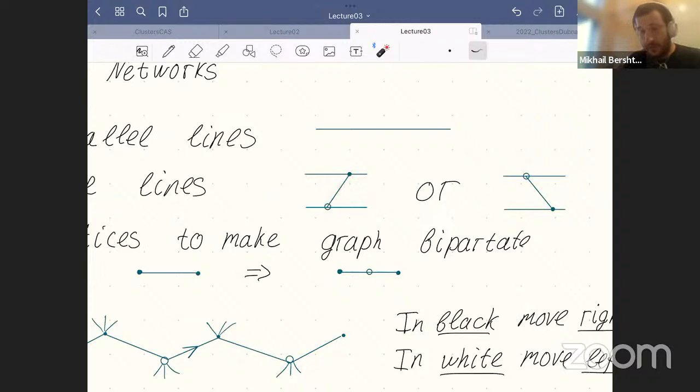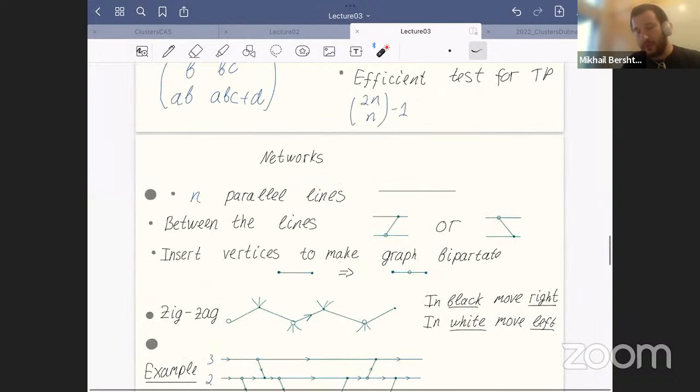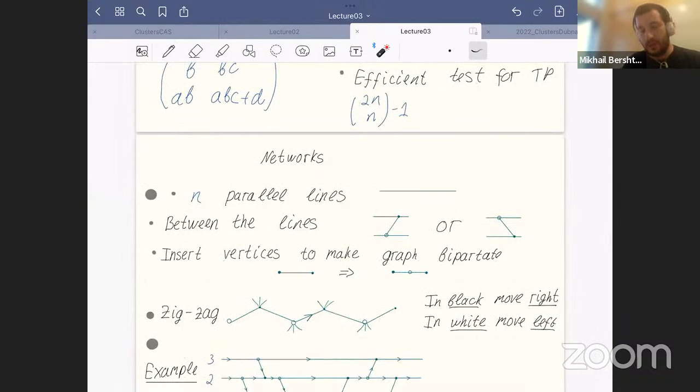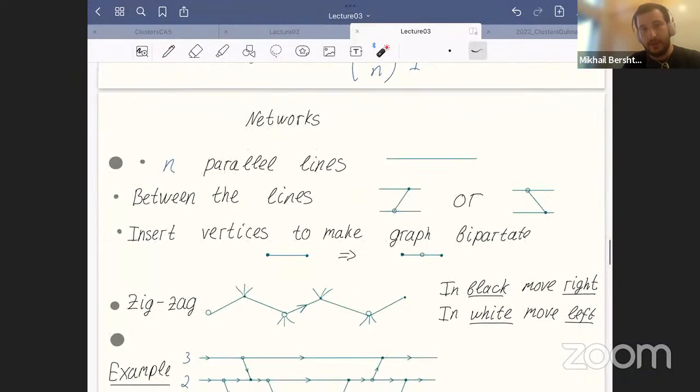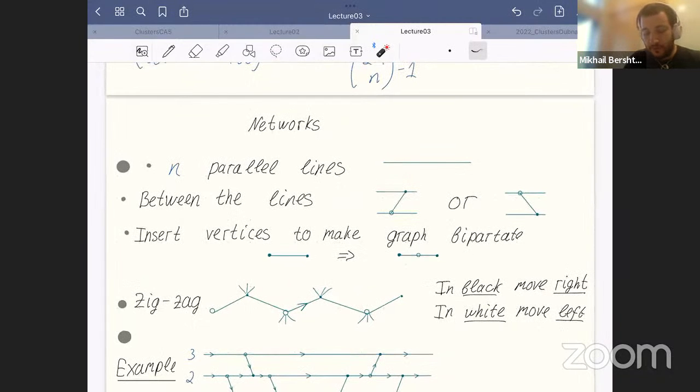After such addition of segments, you will have some graph. It is not very essential, but I prefer to make it bipartite. If the graph is not bipartite, for example if we have 2 black vertices connected by an edge, then you just insert an additional vertex to make the graph bipartite. This is a network in the form of a bipartite graph.